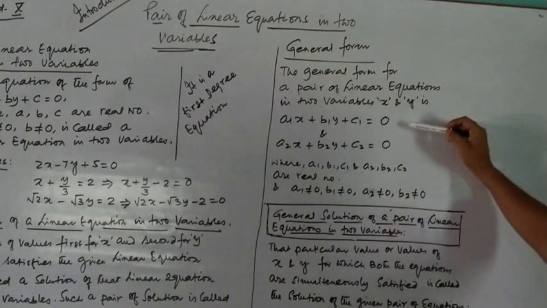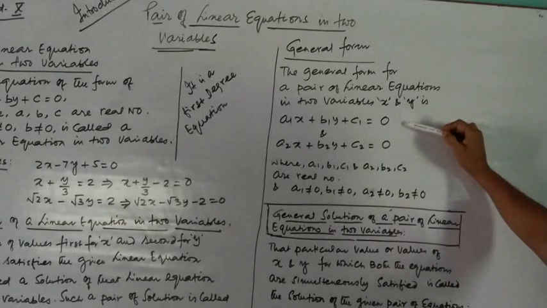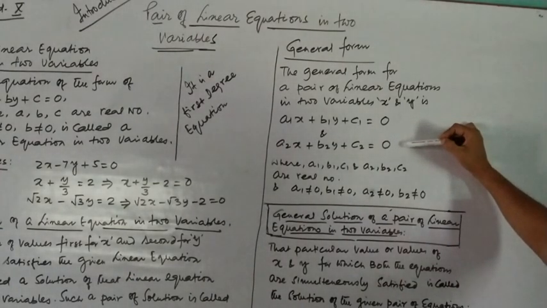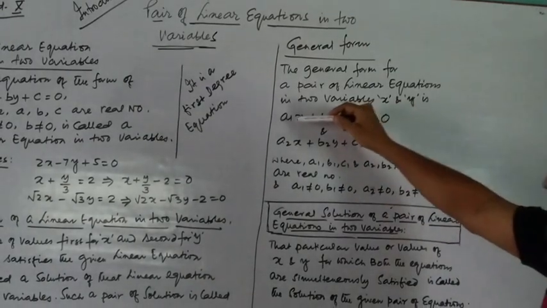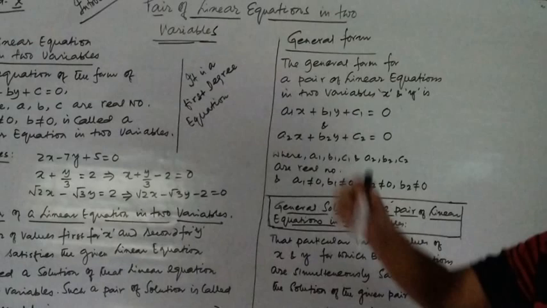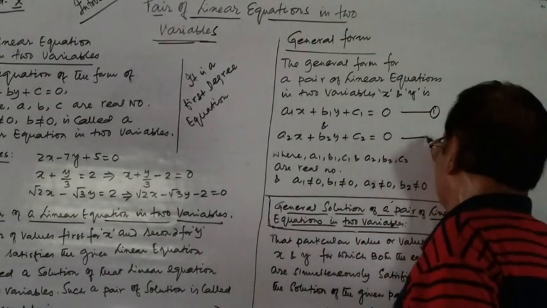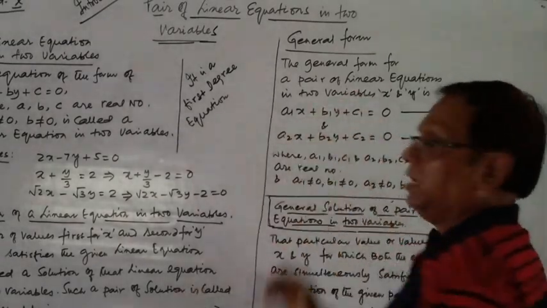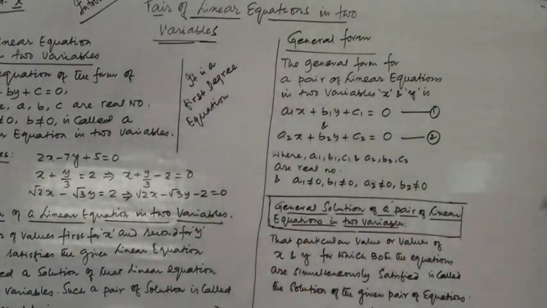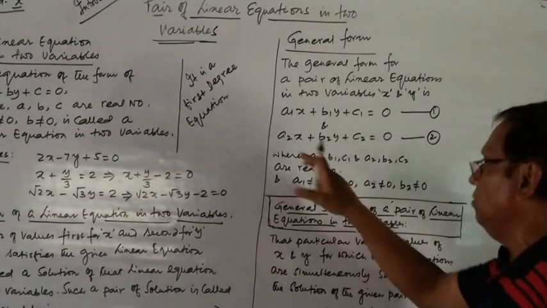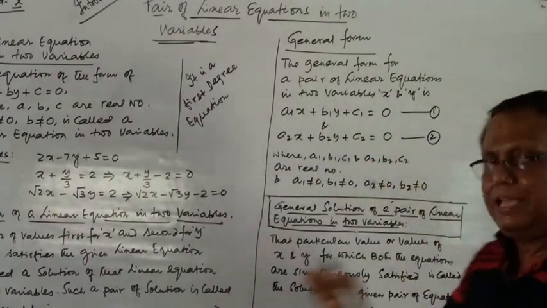The first equation is a1x plus b1y plus c1 equals 0, and the second one is a2x plus b2y plus c2 equals 0. We are using the suffix 1 and 2 only to represent equation number 1 and equation number 2. In equation number 1, we have used a1, b1, c1. In equation number 2, we have used a2, b2, c2, nothing else.